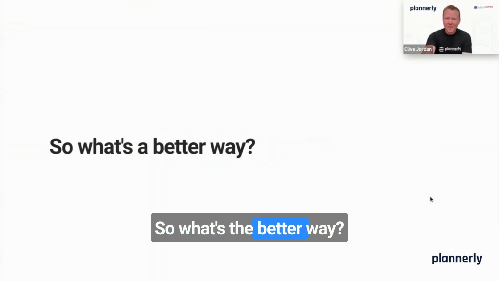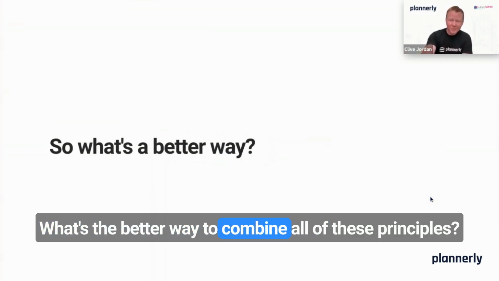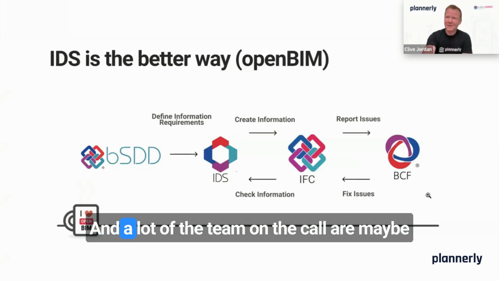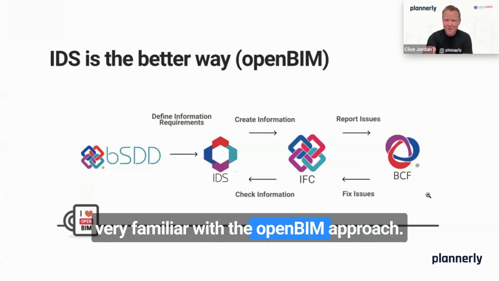So what's the better way? What's the better way to combine all of these principles? Well, the open BIM approach is certainly the better way. And a lot of the team on the call are maybe very familiar with the open BIM approach.